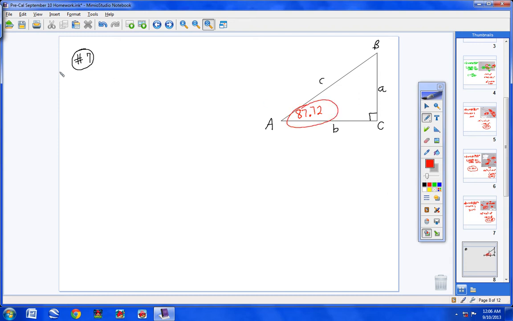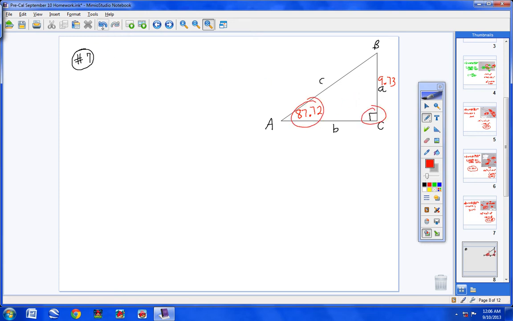So 87.72. And now notice we do know two angles. So I better finish writing everything in that we know. Also, they tell us that side A is 9.73. So the length of the side right here is 9.73. All right, now we know two angles, this one and this one.